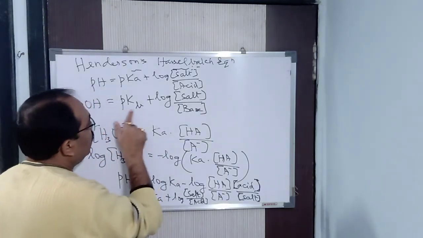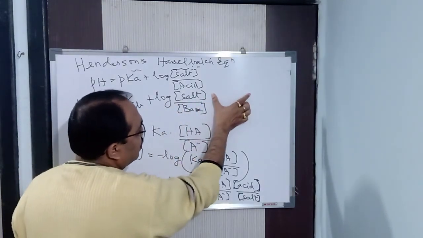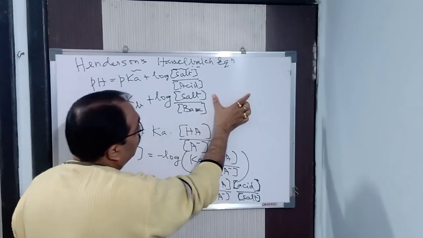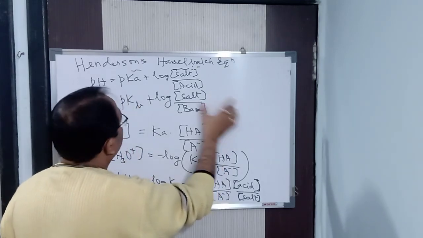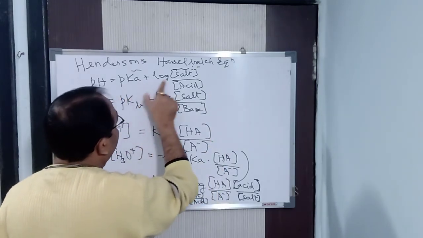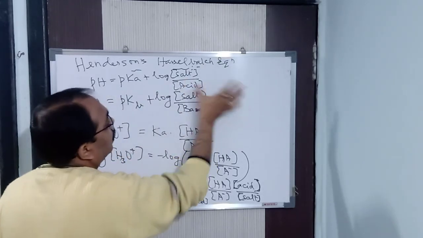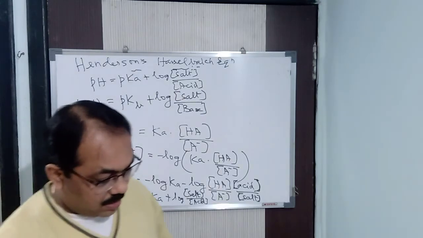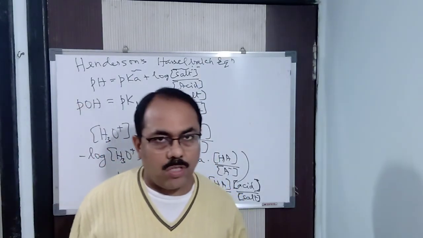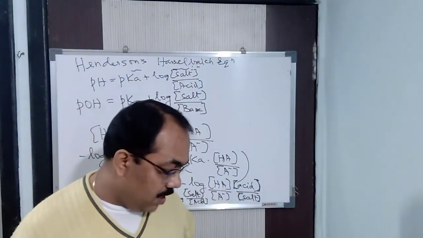Again I repeat, pKb plus log concentration of conjugate acid by concentration of base, and pH is equal to pKa plus log concentration of conjugate base by concentration of acid. We can say that. This also can be used if conjugate acid and base is being given to you.